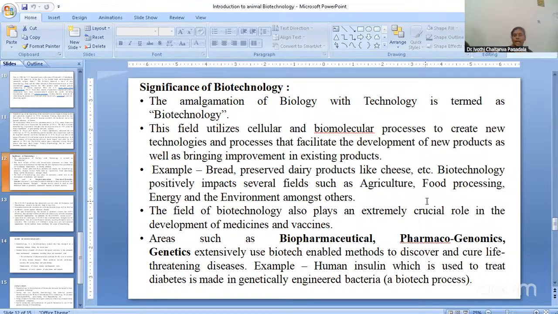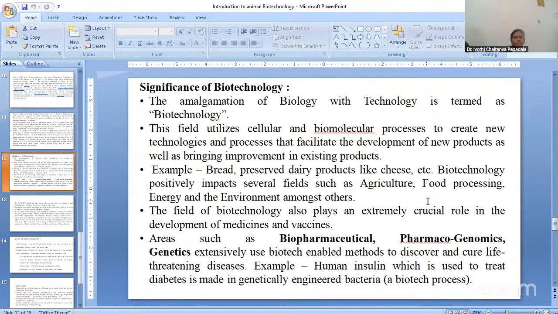This field utilizes biology and engineering and biomolecular processes and biochemistry, biophysics, cell biology, colloid chemistry, embryology, ecology, genetics, immunology, molecular biology, medical chemistry, pharmacology, polymer chemistry, thermochemistry, and virology.